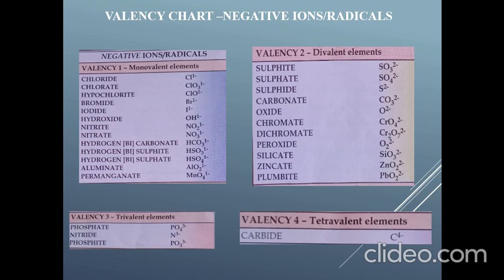Now chloride Cl⁻, chlorate ClO3⁻, hypochlorite ClO⁻, bromide Br⁻, iodide I⁻, hydroxide OH⁻, nitrite NO2⁻, nitrate NO3⁻, hydrogen carbonate HCO3⁻, hydrogen sulfite HSO3⁻, hydrogen sulfate HSO4⁻, aluminate AlO2⁻, permanganate MnO4⁻.